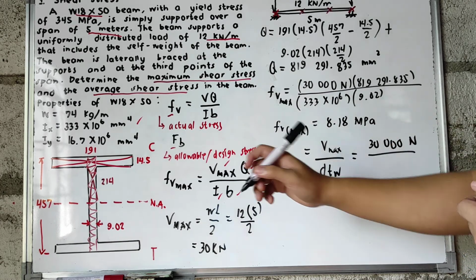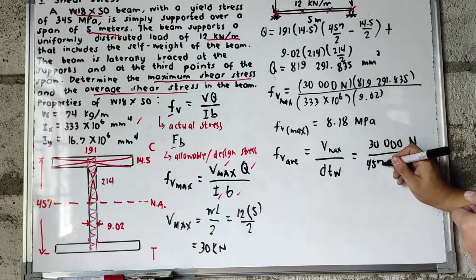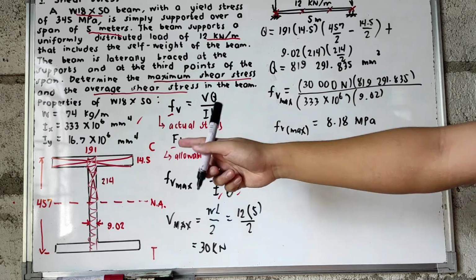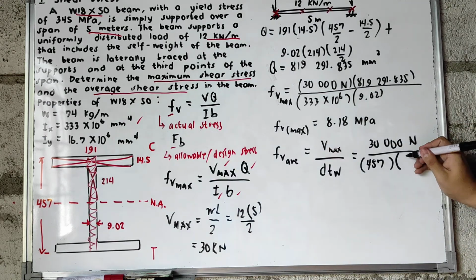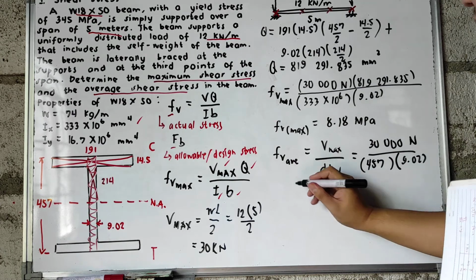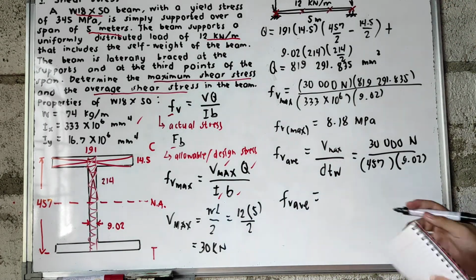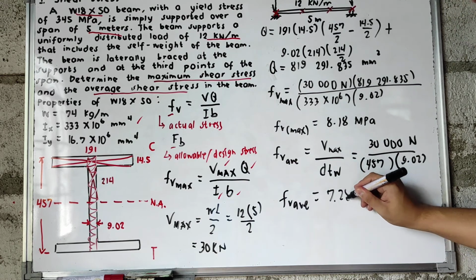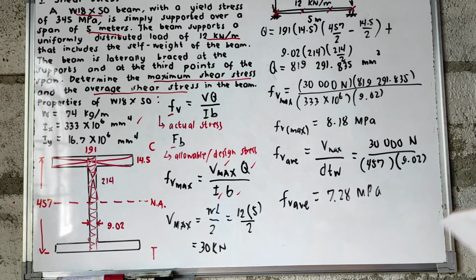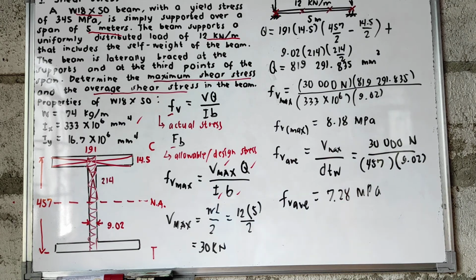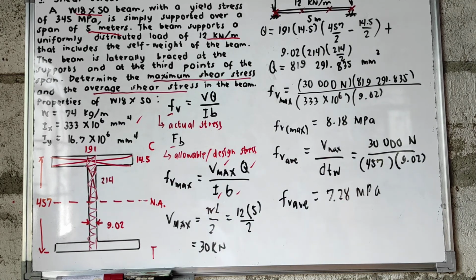The value of your D is 457 mm multiplied by the thickness of the web, we have a value of 9.02. So the value of your average shear stress is now equal to 7.28 megapascal. So nakuha na natin yung dalawang values natin for FV max and FV average. So that is our answer for problem number 1.